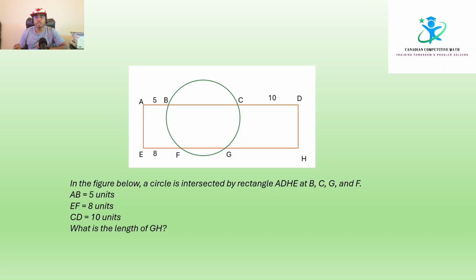All the information we have is related to AB. AB is 5 units. EF is 8 units. CD is 10 units. Based on all the information we have, we need to find the length of GH.